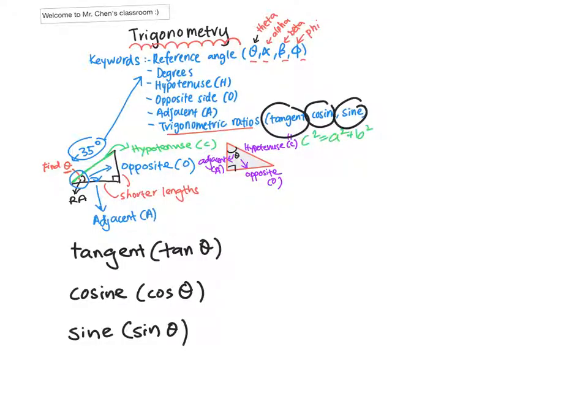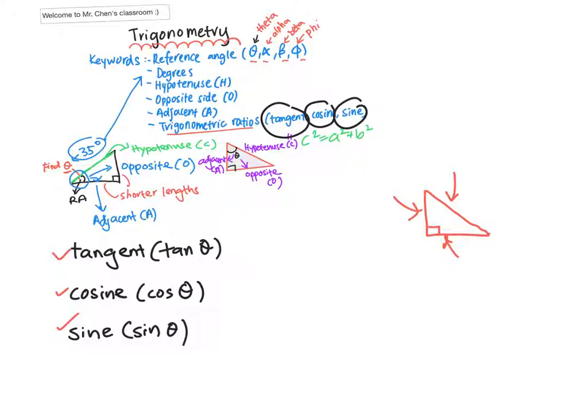So basically all these three are to find out the ratio between the 3 lengths in a right angle triangle. Okay, so we have a right angle triangle, and you are comparing that one and that one.